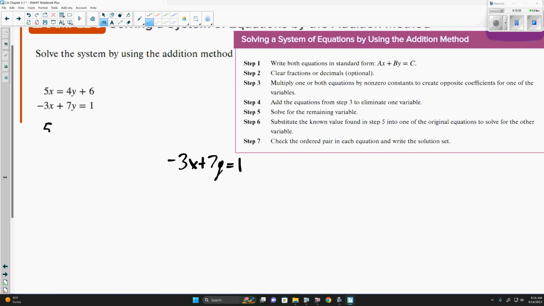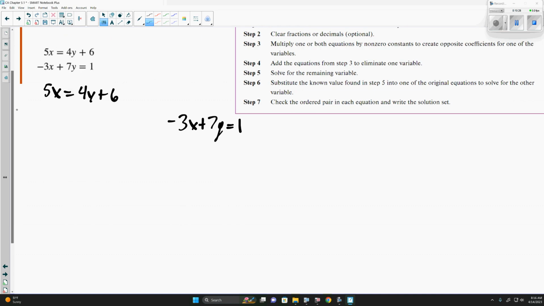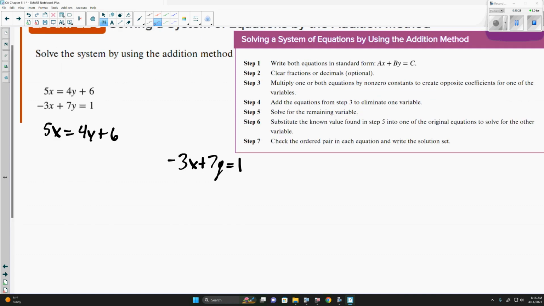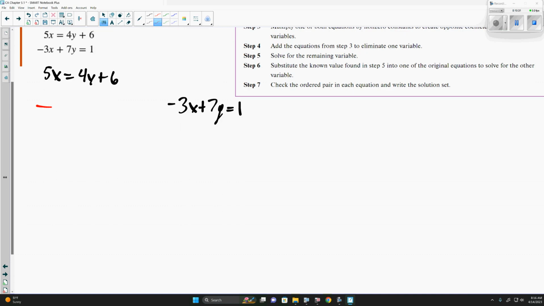Our other equation, we need to rewrite it. So what we're going to do is subtract 4y from both sides, telling us that we have 5x minus 4y is equal to 6.